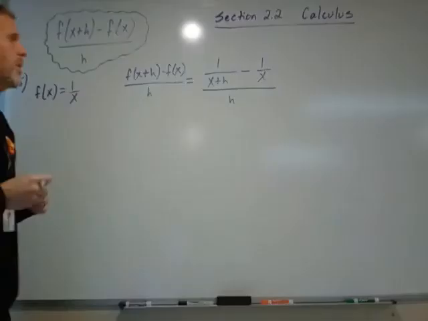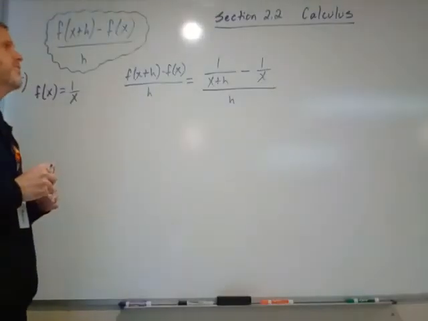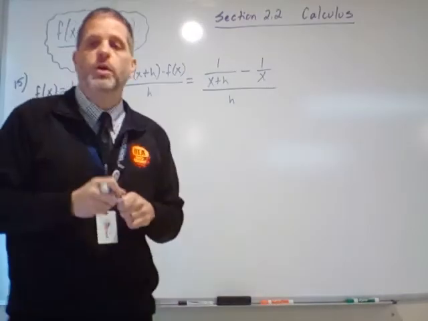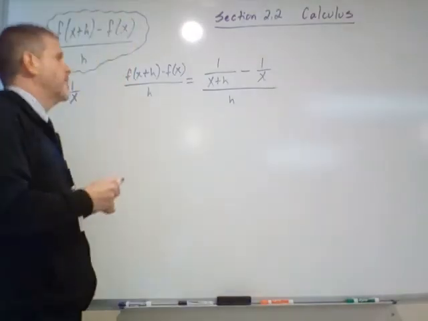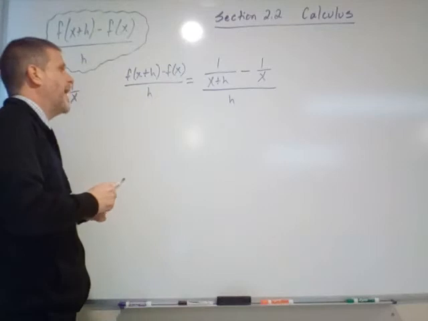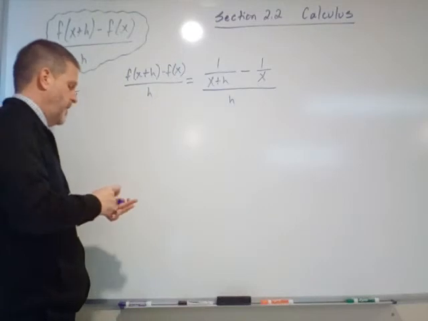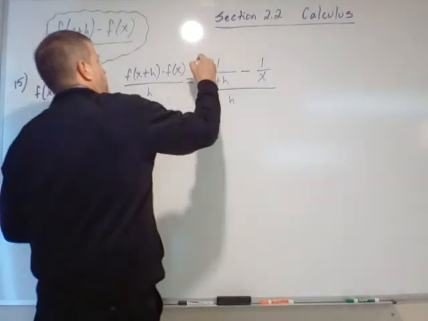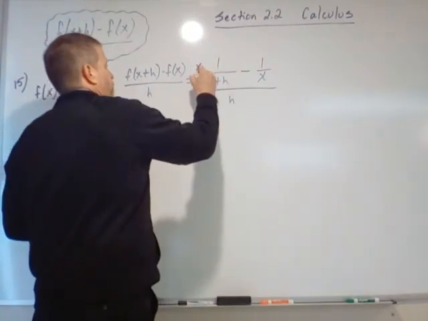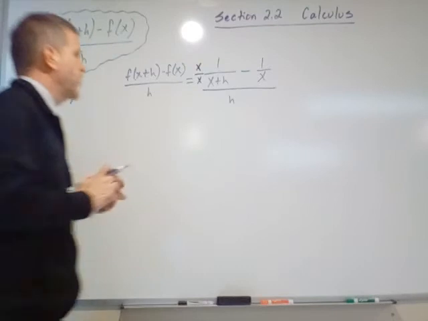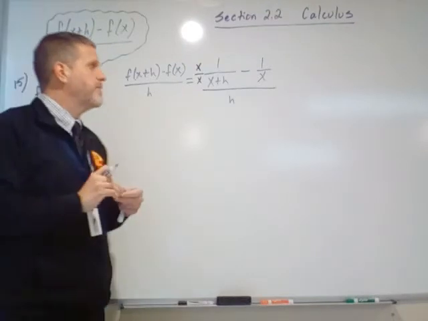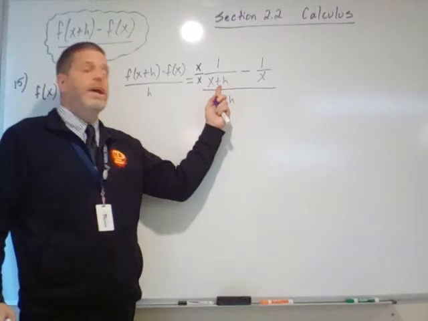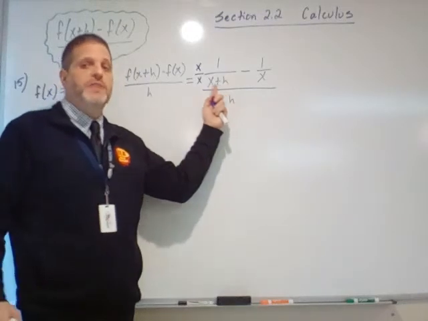Okay, in this one we've got fractions in the numerator here, so we are going to have to combine like terms in the numerator, and we're going to do that by adding those fractions together. So the first fraction in the numerator, we need to multiply by an x over x. And again, 1 is the multiplicative identity, so we can multiply that by any number, and we've got that number unchanged.